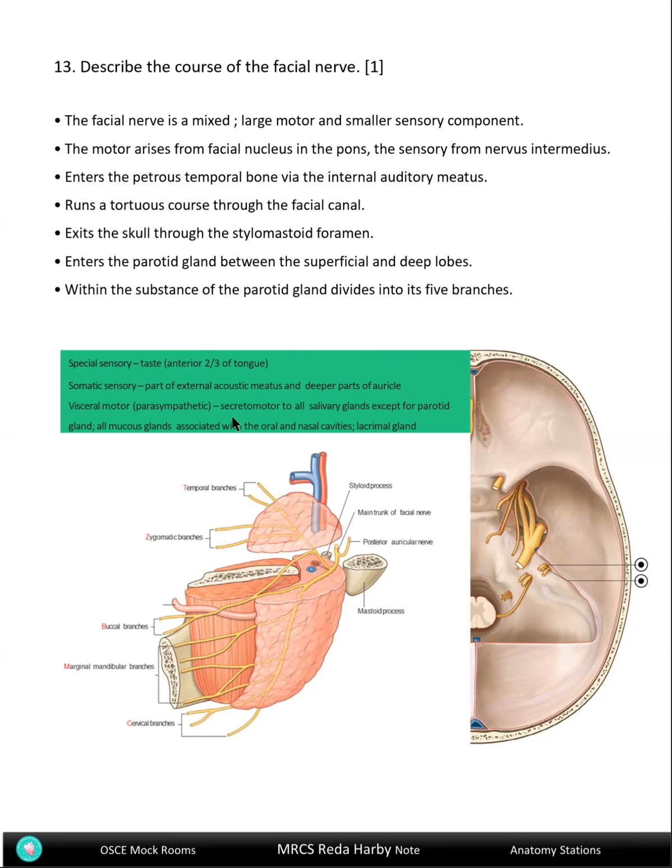Visceral motor, parasympathetic, secretomotor to all salivary glands except the parotid, also all mucous glands associated with the oral and nasal cavity and the lacrimal gland. Okay, so there are two roots, motor and sensory.